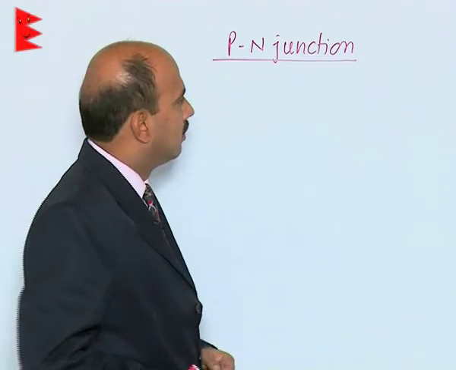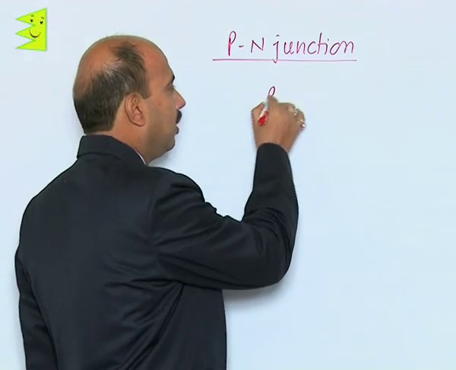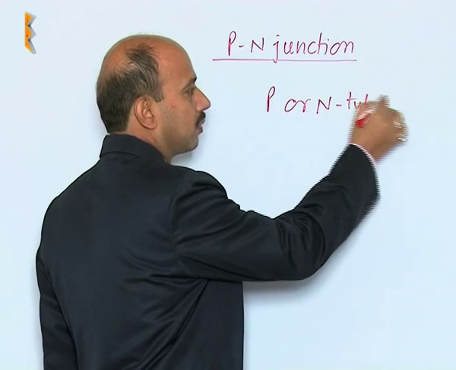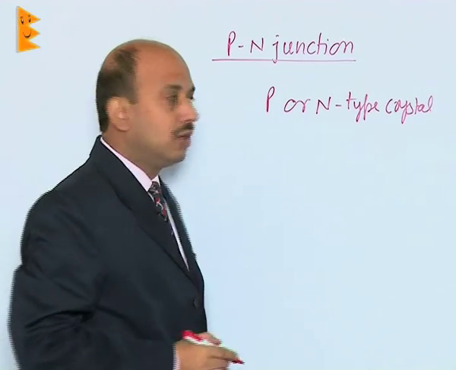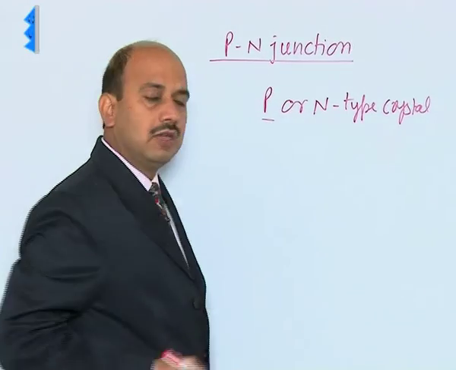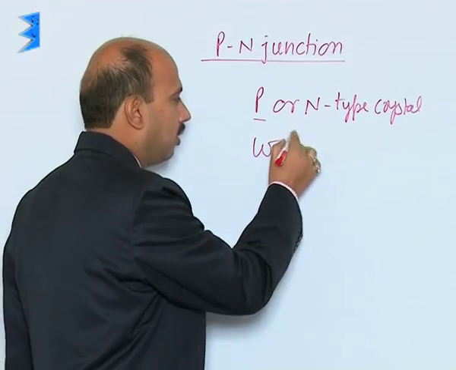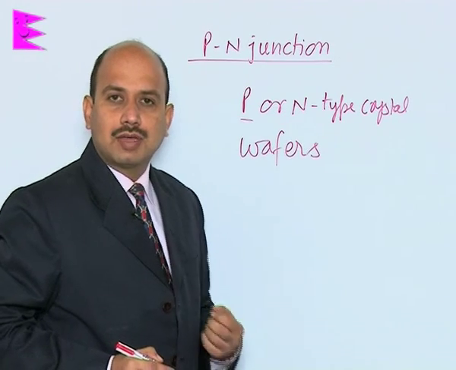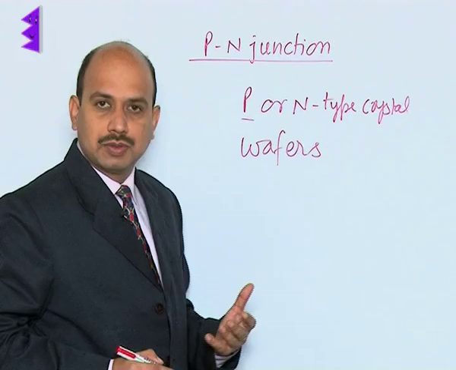First we will take the example of n and p type crystals. Suppose you have taken p or n type crystals. We cut these crystals into thin slices, and these slices are known as wafers.